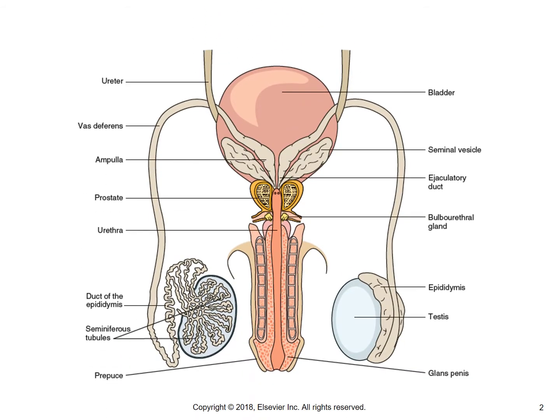Let's look at a schematic drawing of the male reproductive tract. So semen is composed of secretions primarily from the testes, epididymis, prostate, and seminal vesicles, with a small amount derived from the bulbourethral gland. The testes are a paired set of glands that are suspended in the scrotum outside of the body.